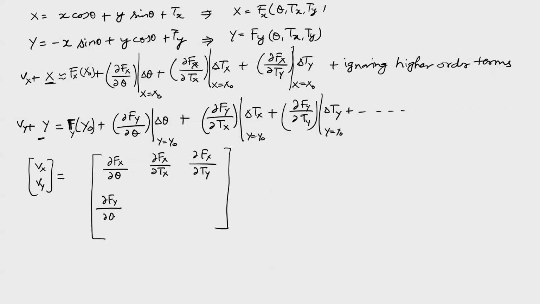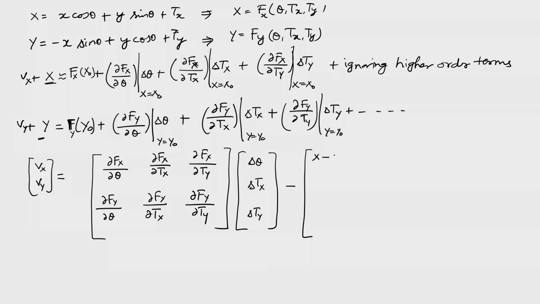∂fx/∂θ, ∂fx/∂Tx, ∂fy/∂Ty into delta theta, delta Tx, delta Ty, minus x minus fx0 and y minus fy0 here like this.